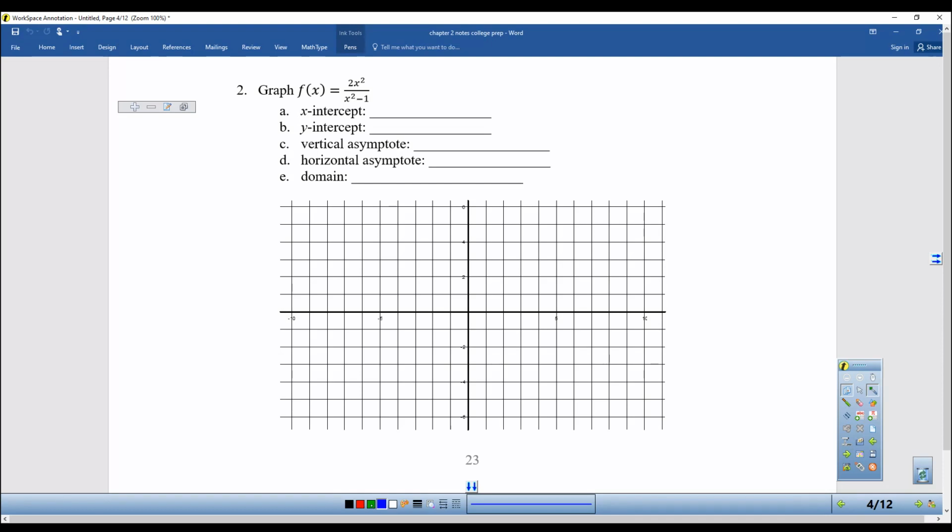X intercept. So just so you know, I usually fill these in advance. The x intercept is going to be something, comma 0. The y intercept is going to be 0, comma something. The vertical asymptote is going to be a vertical line, so x is equal to a number. And the horizontal asymptote is going to be y is equal to a number.